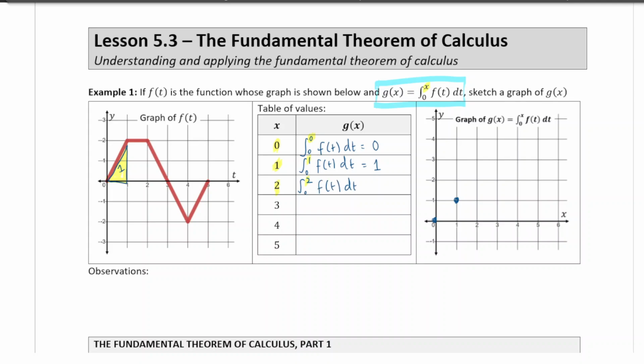So that's the area from 0 to 2. So I'm going to keep that area of 1 and then add in this extra rectangle here. That has an area of 2, and so my total area now is 1 plus 2, which is 3. I'm going to plot this on the graph. All right, next I'm going to go to 3.